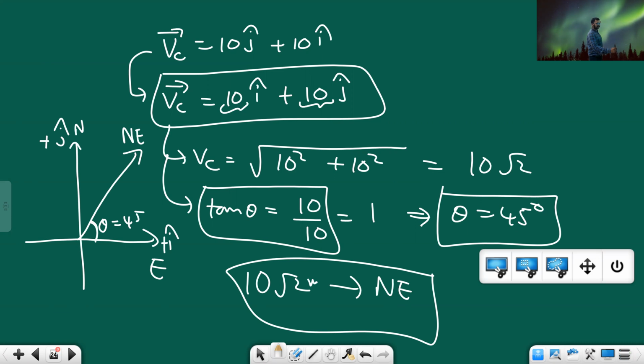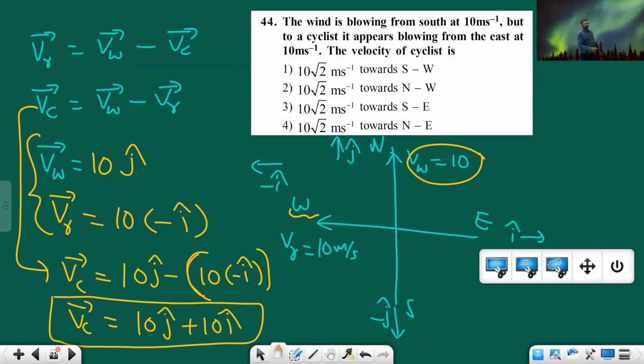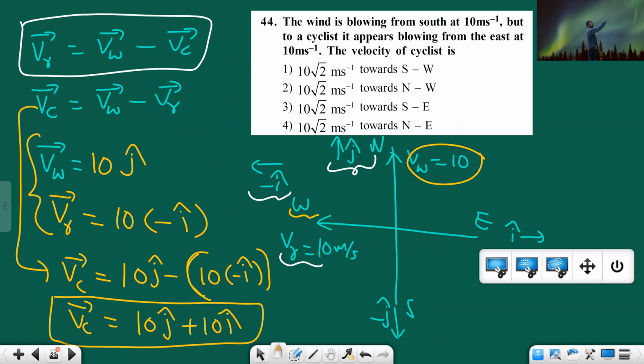Is it clear, kids? Yes, sir. So this is one more method to solve in terms of I cap and J cap. What we did here is very simple. First, we took wind velocity in the J cap direction, and relative velocity in the minus I cap direction. I took the general formula, relative velocity is wind velocity minus cyclist velocity, and I want the cyclist velocity.